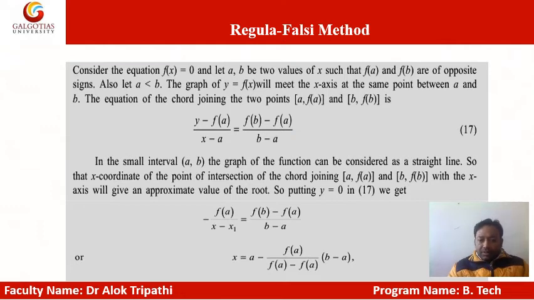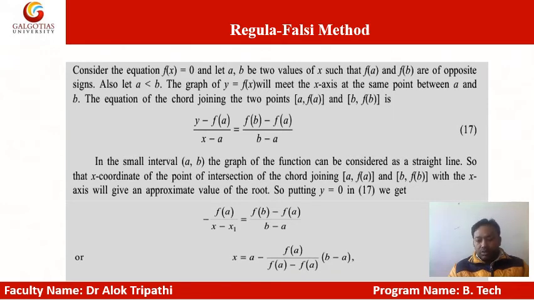In this small interval a, b, the graph of the function can be considered as a straight line. That is, in this interval we are replacing the original function by a straight line, so that the x coordinate of the point of intersection of the chord joining (a, f(a)) and (b, f(b)) with the x-axis will give an approximate value of the root.